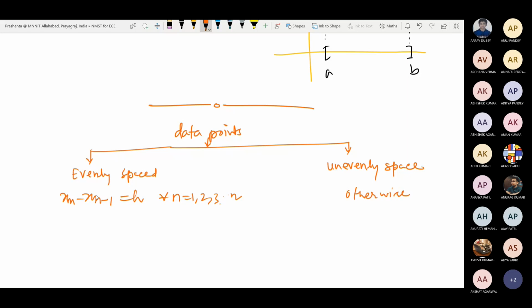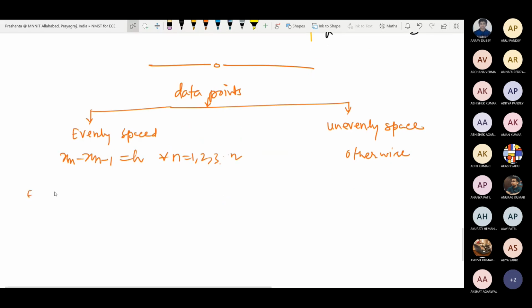So let me give you some examples. Suppose the data points are (1, 5), (2, 7), (3, 8), (4, 10). These data points are evenly spaced because the x values 1, 2, 3, 4 are at a regular interval.